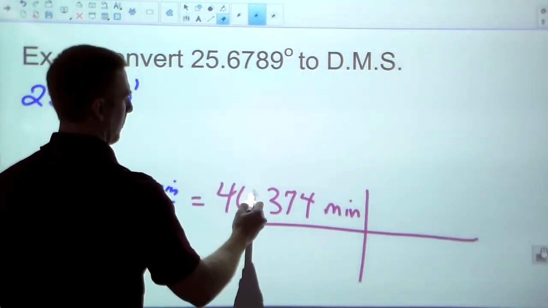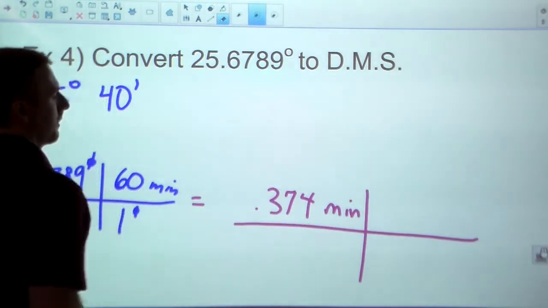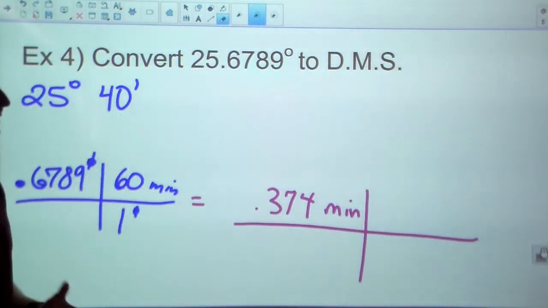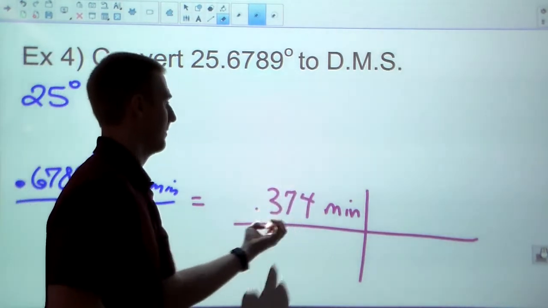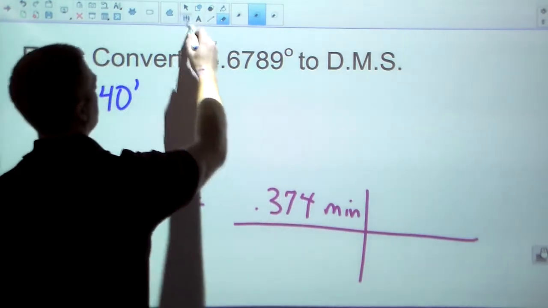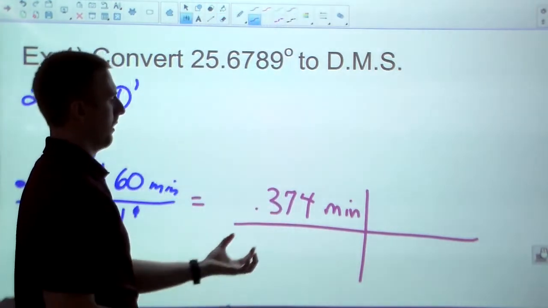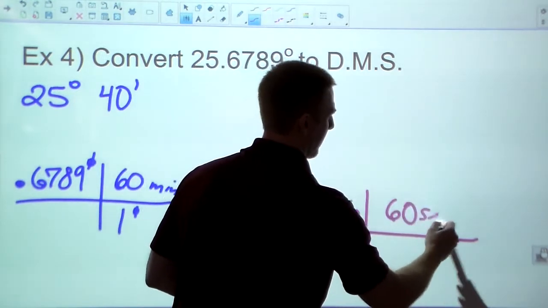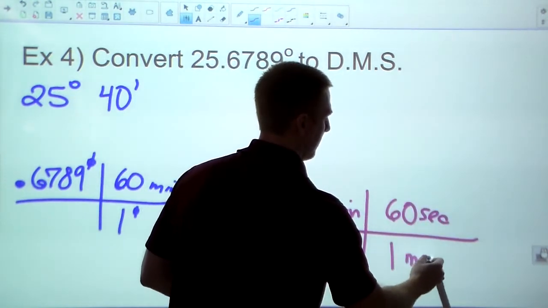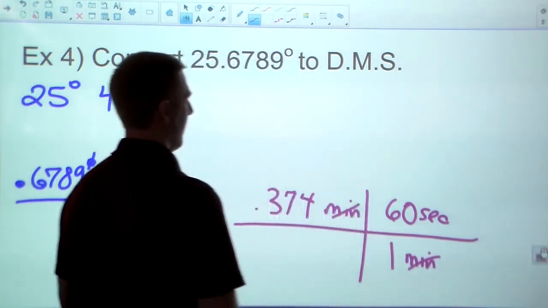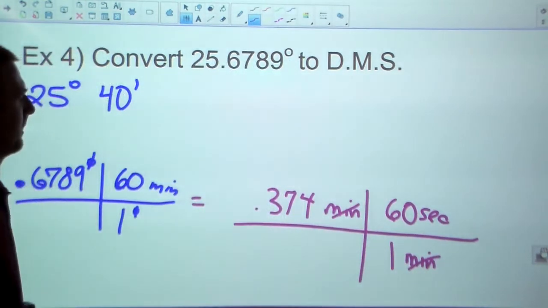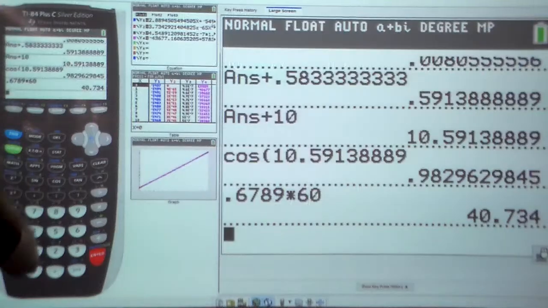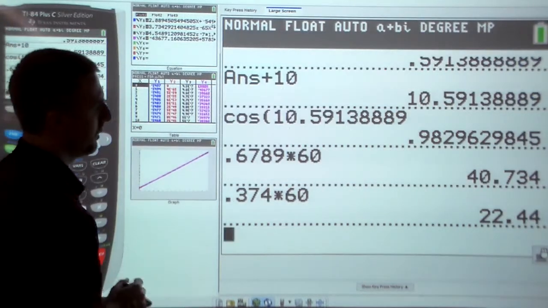So I'm going to go ahead and take the 40 out, because I know I've got 40 full minutes, and I want to see how many seconds this decimal part gives me. So of the decimal part that's left, we want to get to seconds. So there are 60 seconds per 1 minute. So we want to divide the minutes out. And basically, again, I'm just multiplying by 60. So the 0.374 times 60. And that gives me 22.44.